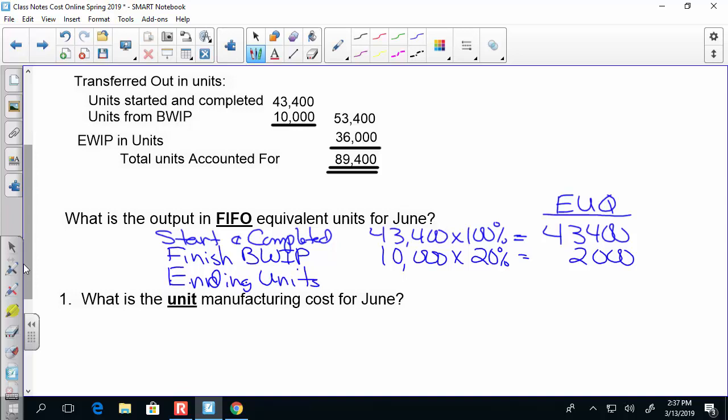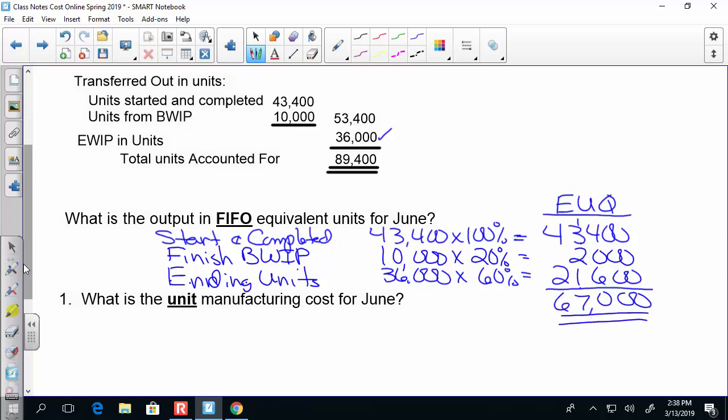It was still 36,000, right? They were 60% done. So this now mirrors the weighted average method, comes up with 21.6. So if we add those together, we get 67,000 as our equivalent units.